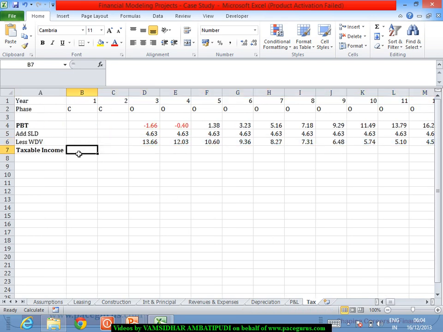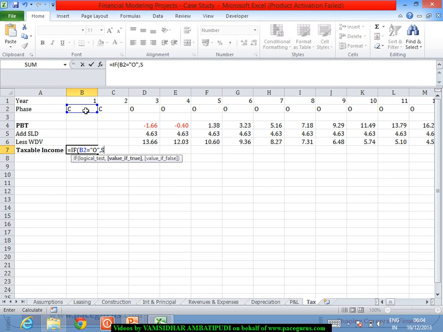When I'm saying taxable income, again, if this is equal to O, I'm going ahead with the summation of these two and the negative of this. That is what is going in as a part of my taxable income.